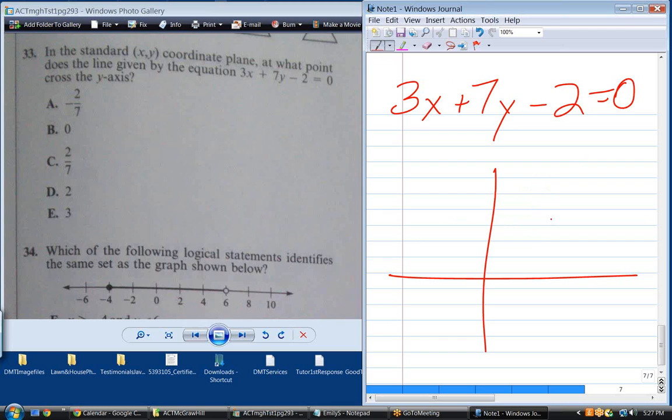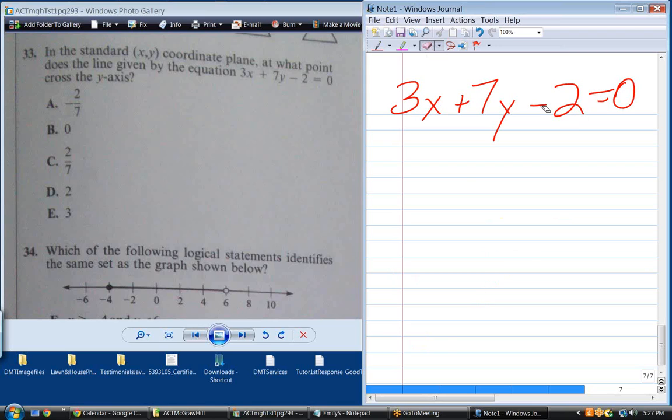If I have a line that crosses the x-axis and I want to know what this point is, the one thing I know about it is that y equals 0. And that's kind of an important concept: your x-intercept is where y equals 0, your y-intercept is where x equals 0.